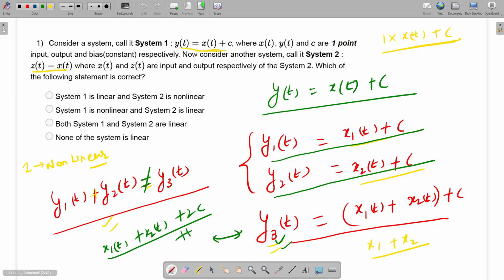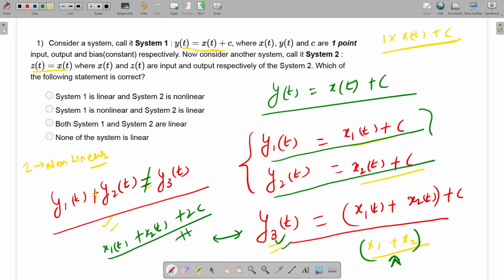Coming to the first system, it was x(t) + c. Some x variable is there, we multiply it by 1 and then add c. So y1(t) is simply x1(t) + c. Similarly, y2(t) will be x2(t) + c, and for y3(t), we apply the same transformation to x1 plus x2: (x1 + x2) into 1 plus c.